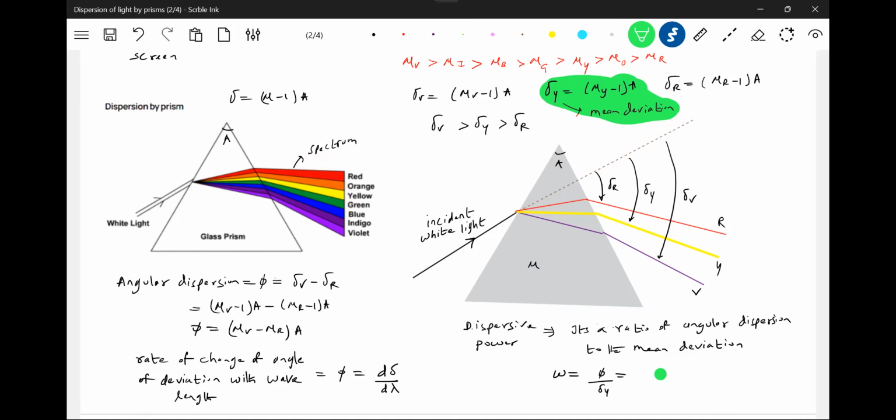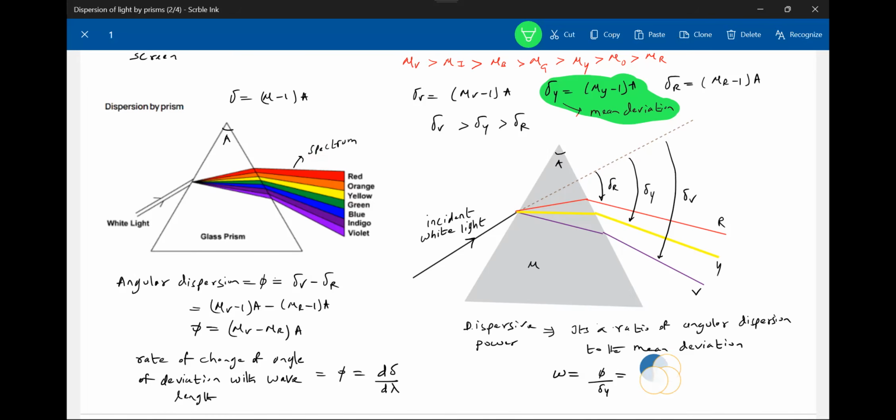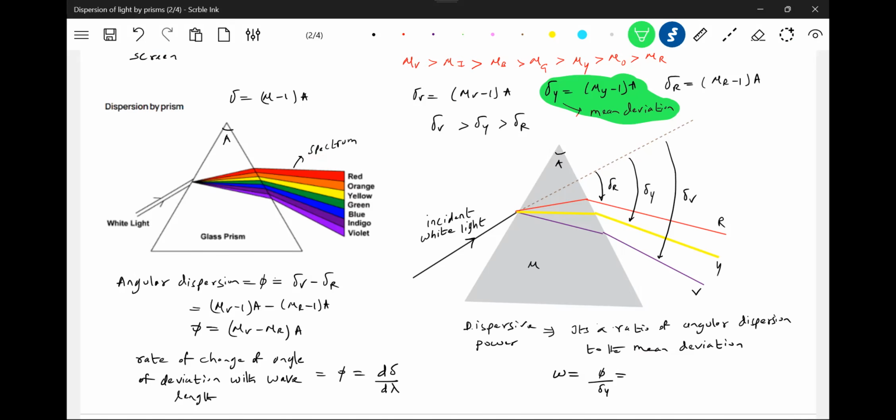So now this should become equal to (mu v minus mu r) by (mu y minus 1). This is the expression for the dispersive power.